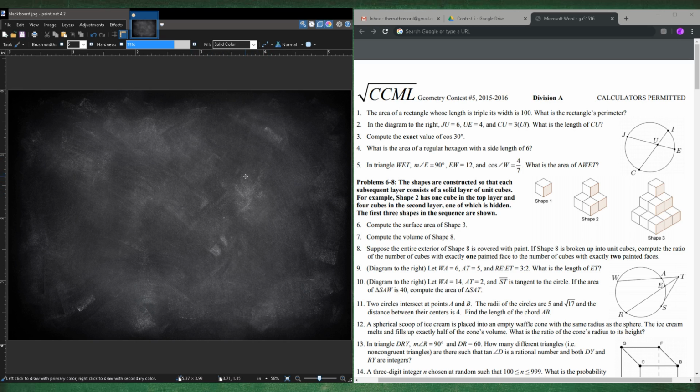For the number of 1 painted face, if you look at shape 3, none of the top portion, none of these face shapes right here could count as 1. Because if you think about it, the top one is always going to be covered. For the second row, it's always going to be a corner and another side corner, and then a side corner and an edge, a side corner.